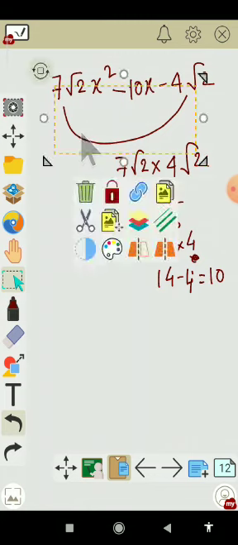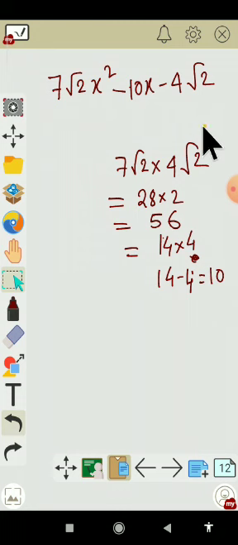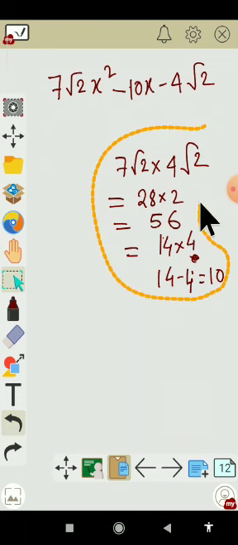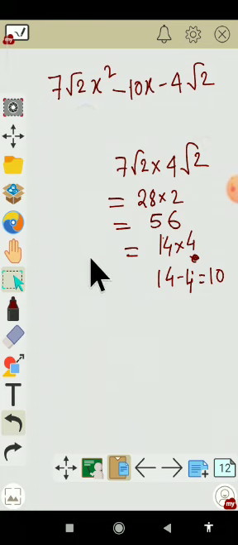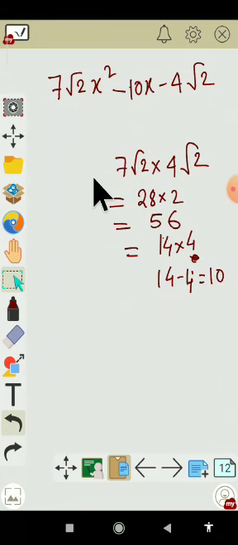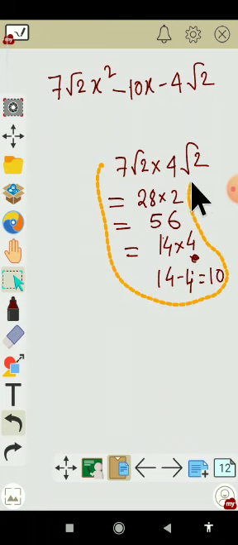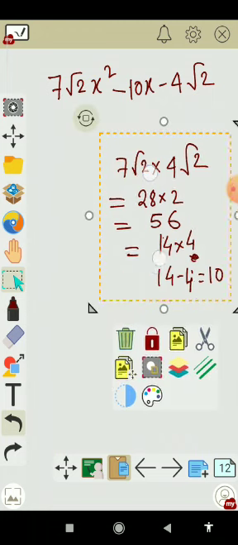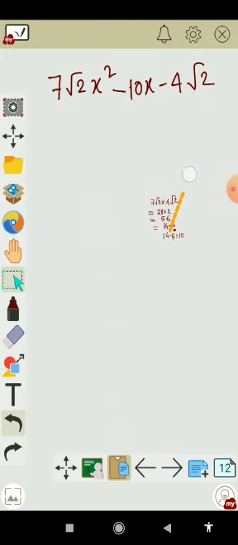So we have to split 10x as 14x minus 4x.